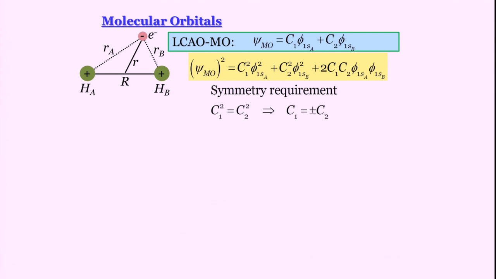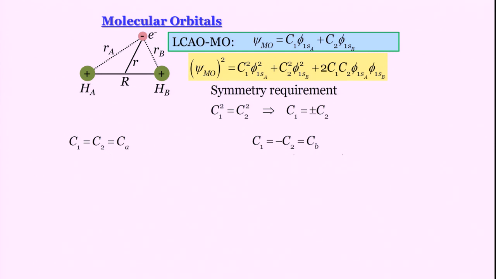Okay. Now see, there is no logical reason to think that C1 and C2 should have different magnitudes. In this expression for probability density, there is no reason why A should contribute more or less than B. So, C1 square must be equal to C2 square, which implies that C1 can be plus or minus C2. When C1 equals C2 I call it Ca, when C1 equals minus C2 I call it Cb.